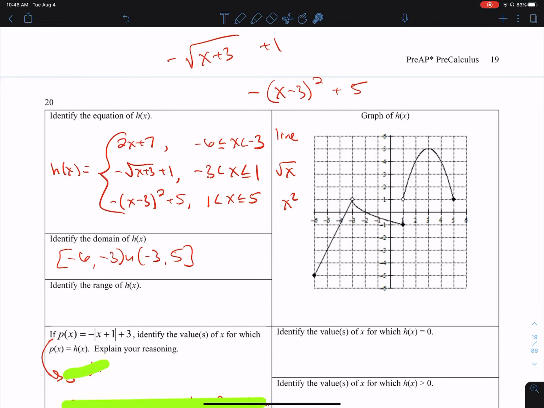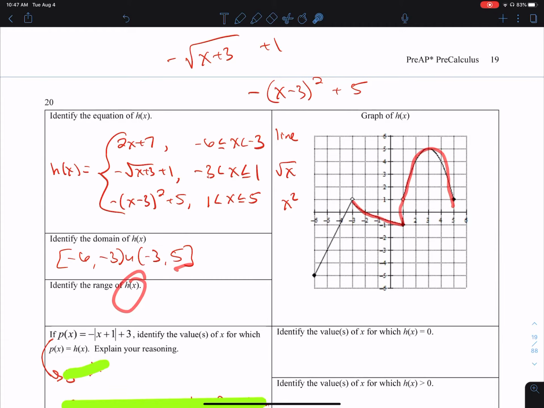Let's look at the picture and confirm that. It goes from negative 6 to negative 3. There's a hole there, so we skip over it. From negative 3 to 1, 1's included here but not here, which is fine, which means we have all x values accounted for until we get to 5.